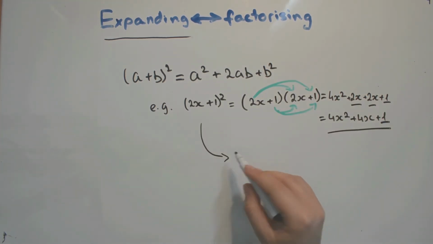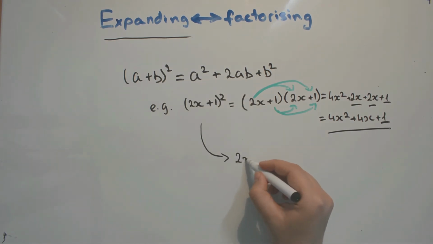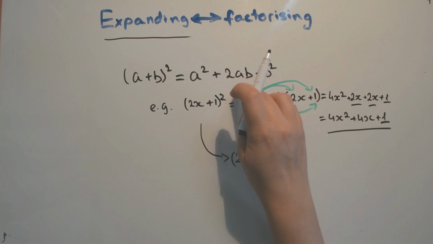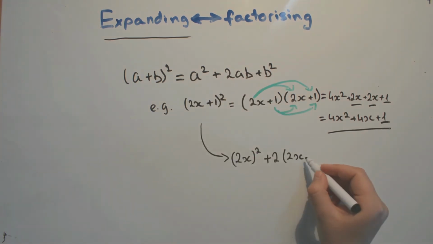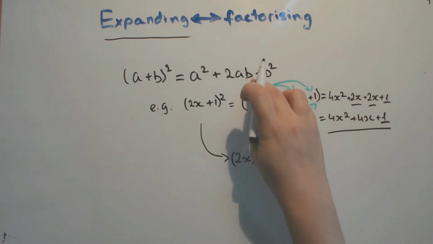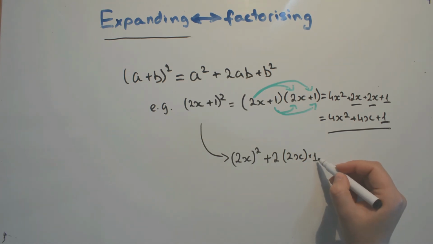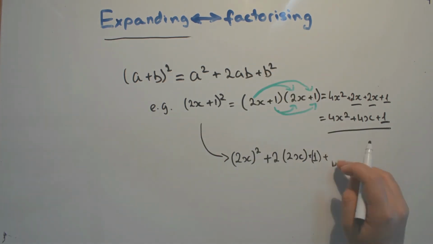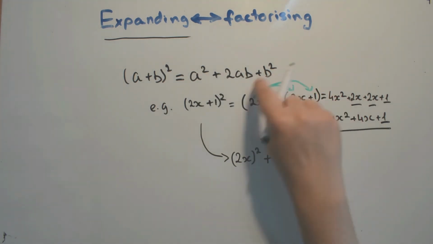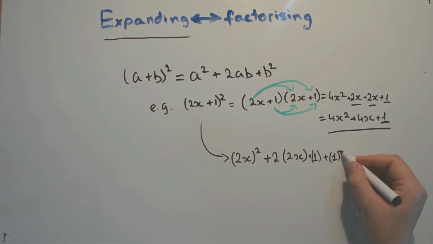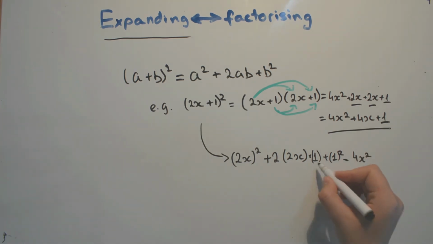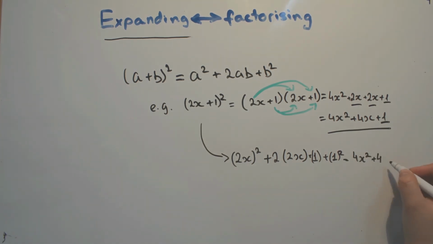So our a in this case is 2x, so it's 2x squared, and then we have plus 2 times ab, so it's times 2x times 1 because b is our 1, and then plus b squared, plus 1 squared. Okay, and if I just square that, it becomes exactly the same answer, so you get 4x squared plus 4x plus 1.